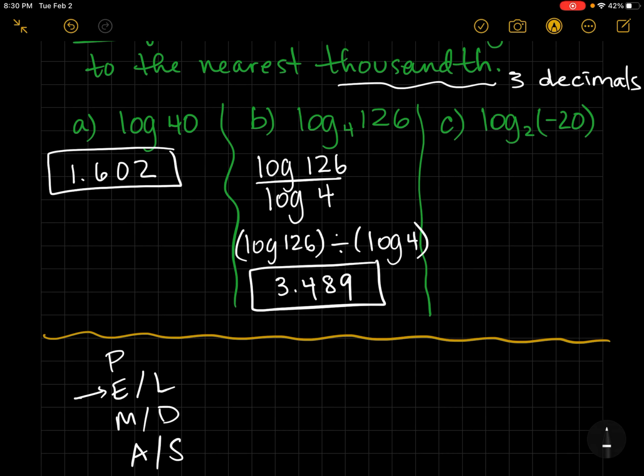Okay, now we're going to do part C. This is log of negative 20. I'm using my base change formula, so either use a fraction key or use your parentheses. So that's log negative 20.